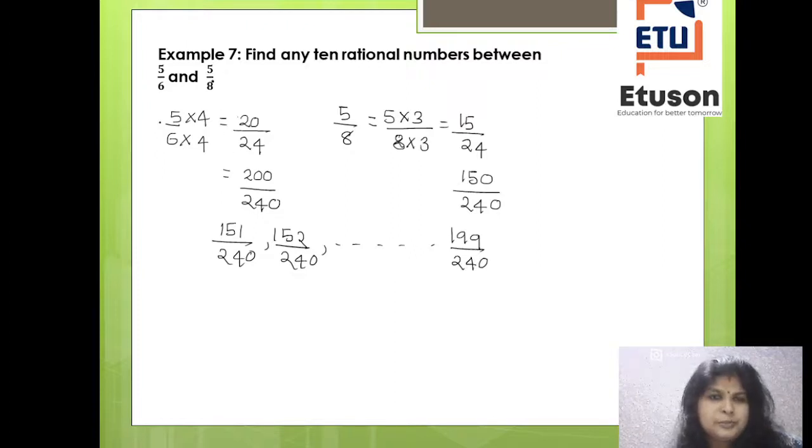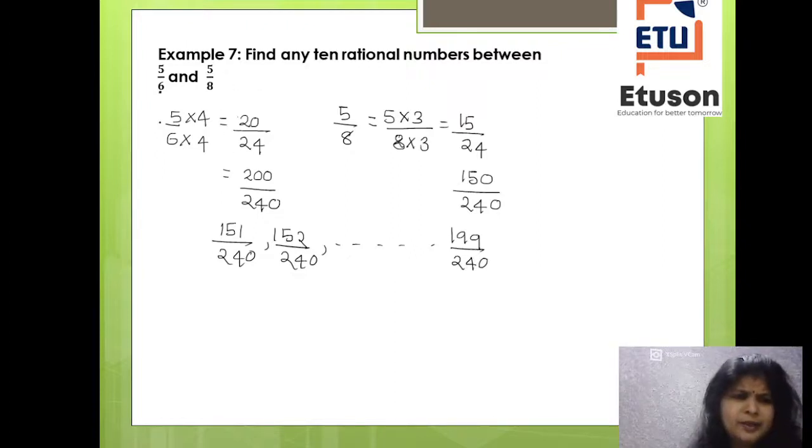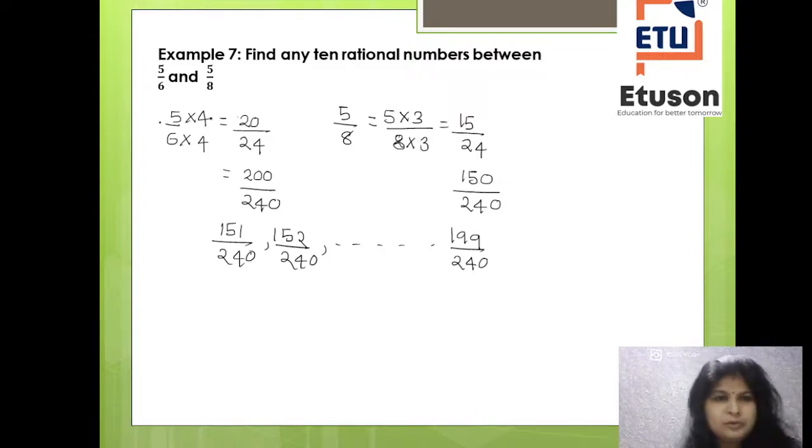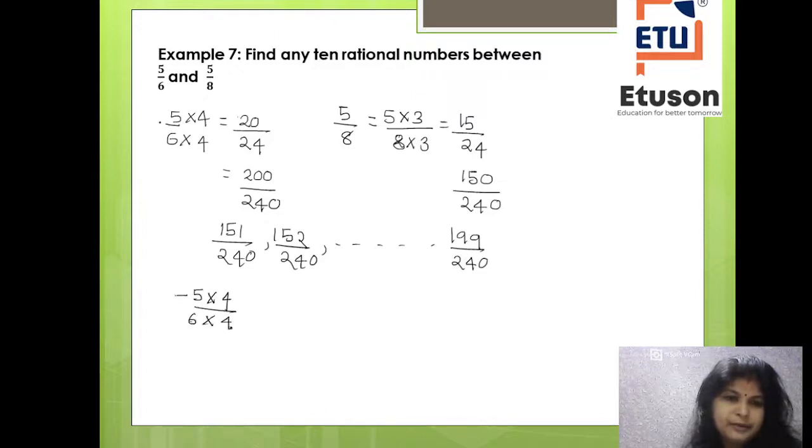Now suppose, I think in your question it is minus 5 by 6 and 5 by 8. So I will do that also. So suppose your number is minus 5 by 6. In this case, instead of 20 by 24, you will get minus 20 divided by 24.